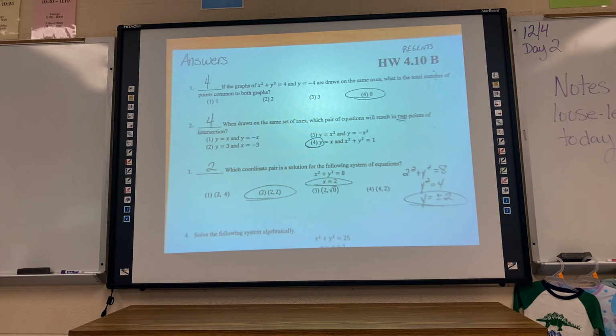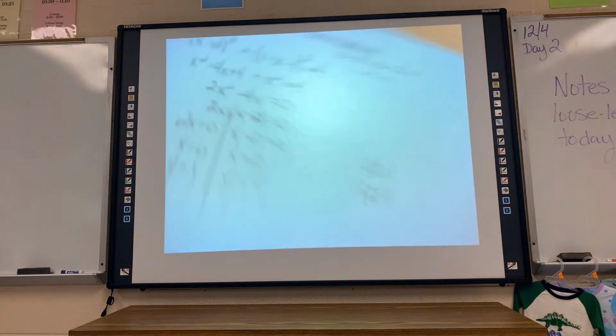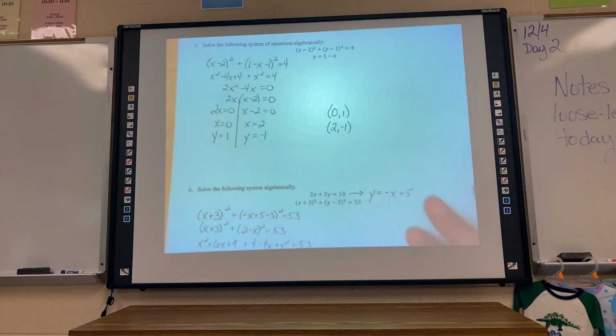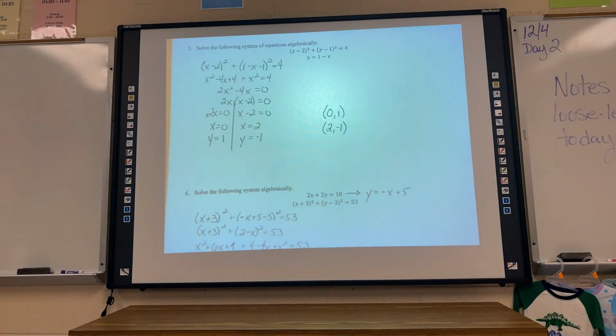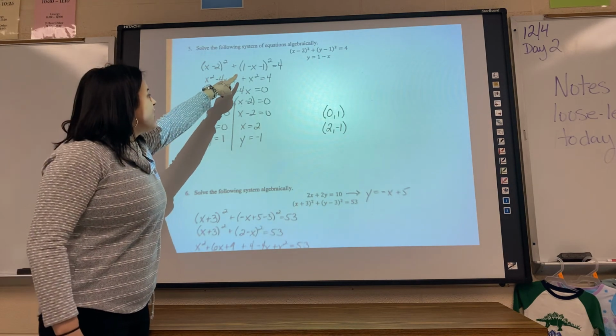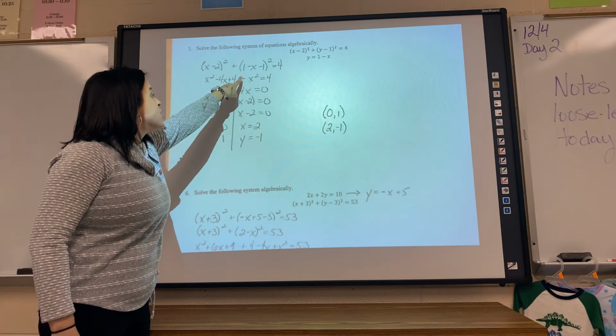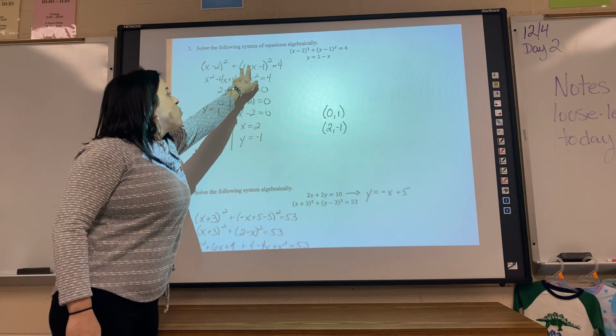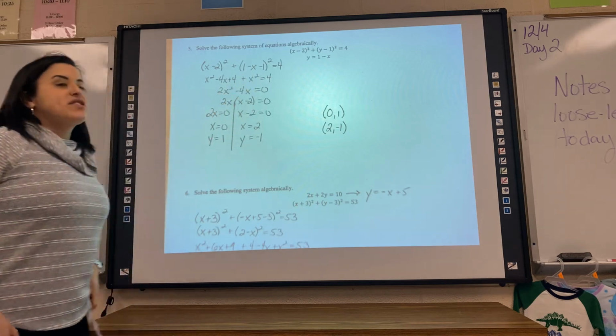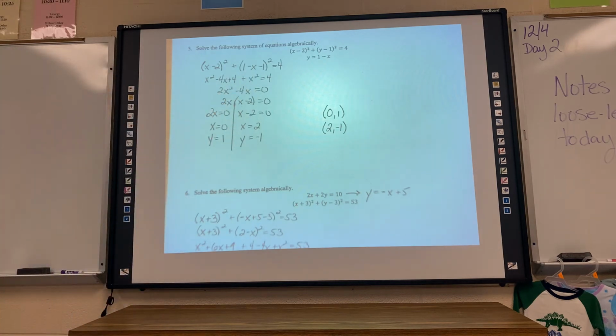On the back here, Joe, look at number 5 and see if you can work things out. If not, I will go over it. Take a look here. So you substituted in 1 minus x for y. And you should have gotten positive x squared, because the 1's cancel, and then negative x squared.